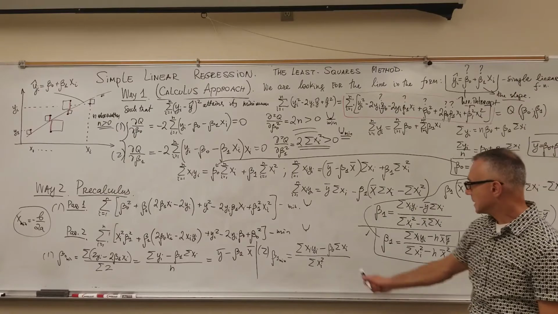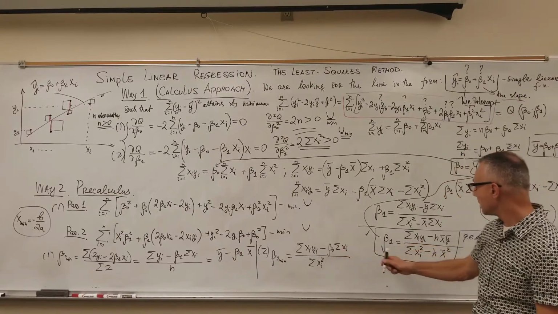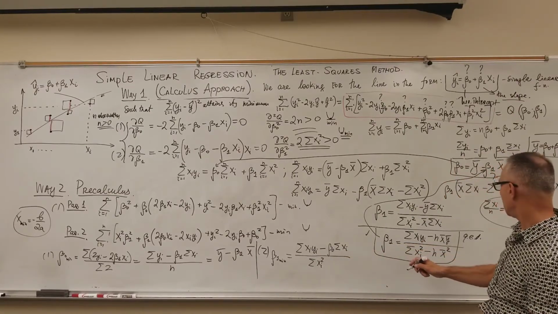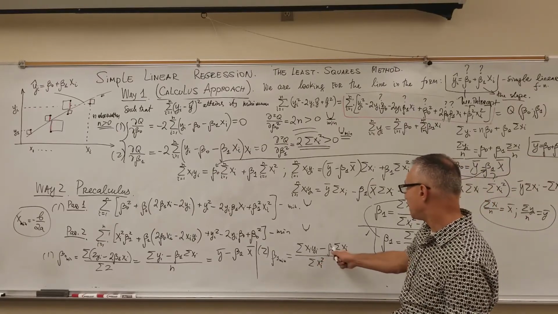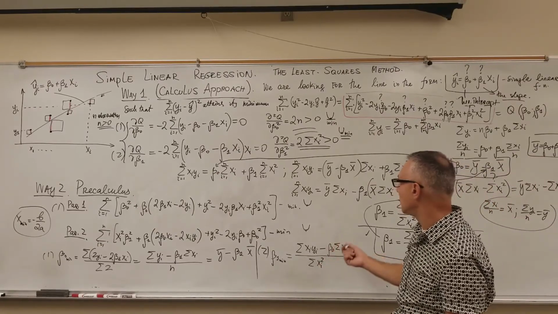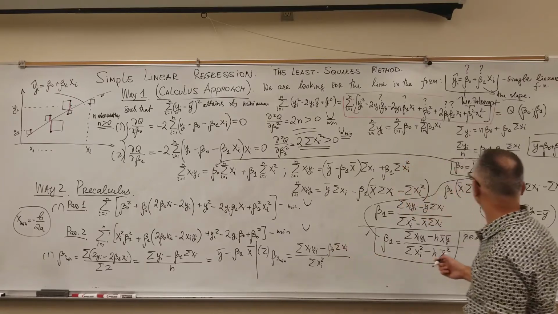Almost there. The same way I can plug beta 0 in here. I can plug the value of my beta 0, and obviously it will be the same result.